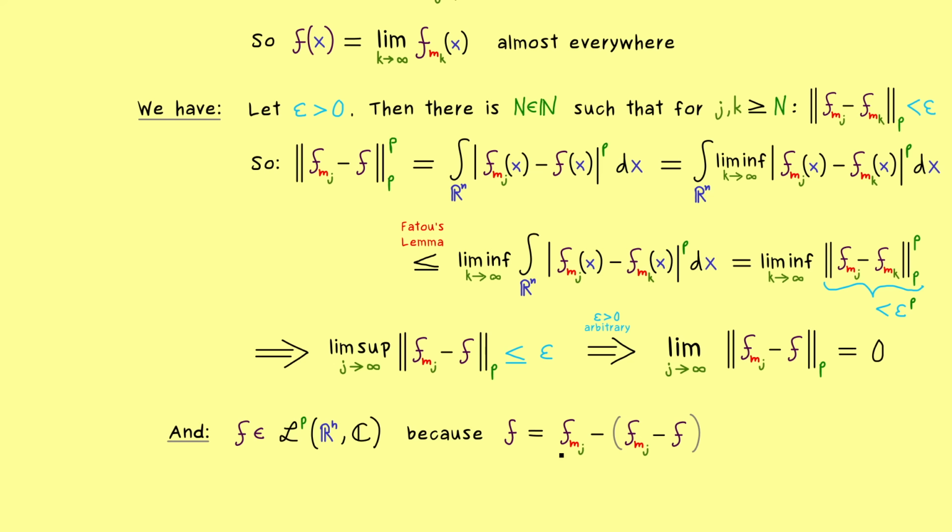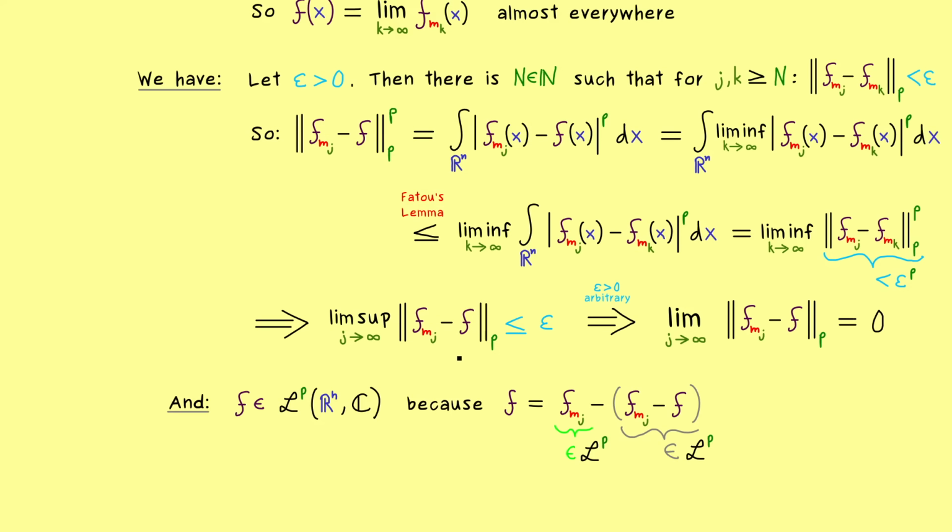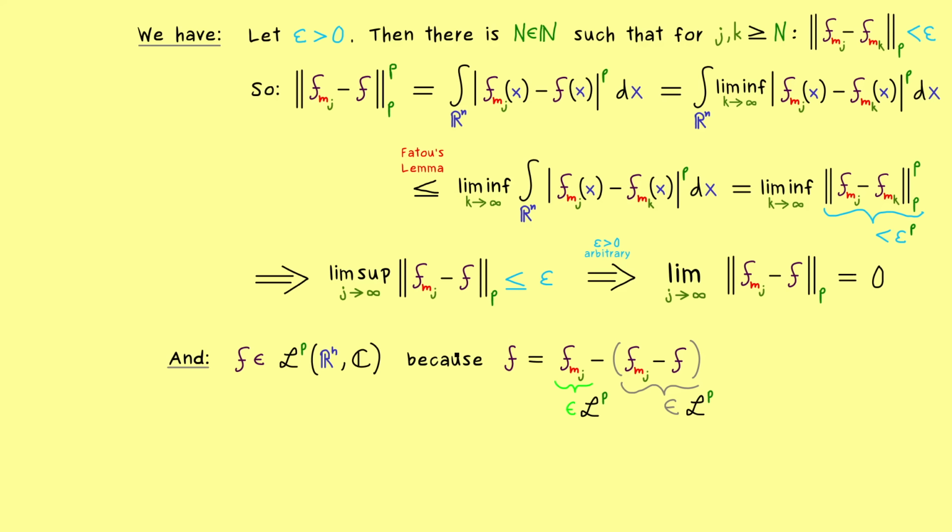This clearly gives us our function f back, but now we can use the information we have for the difference. Namely, it has a finite p norm, which means it lies in L^p as well. And on the other hand, the first part here also lies in L^p. And now since L^p is a vector space, a linear combination cannot leave it. And with that we have everything, and we can say that the Cauchy sequence is convergent in L^p.